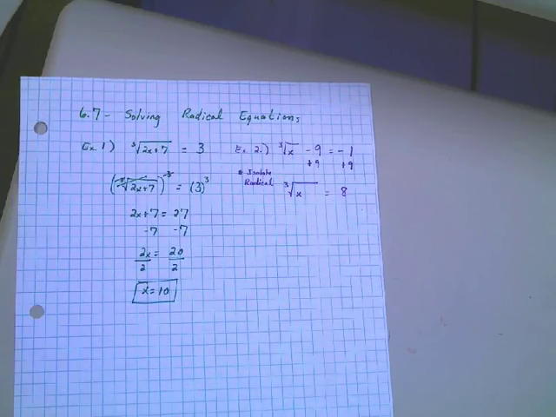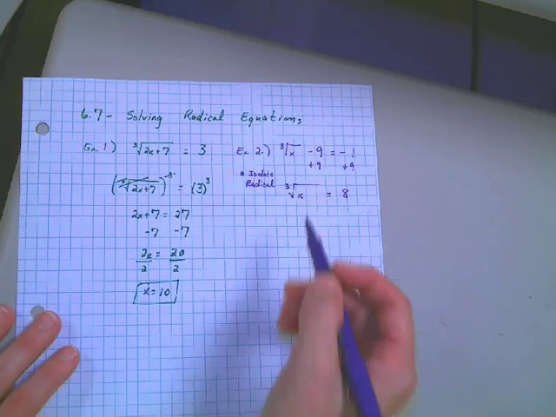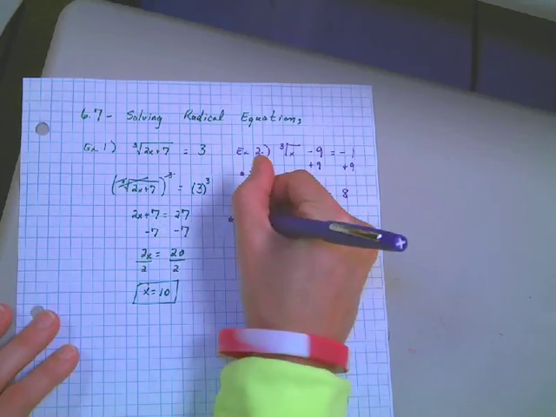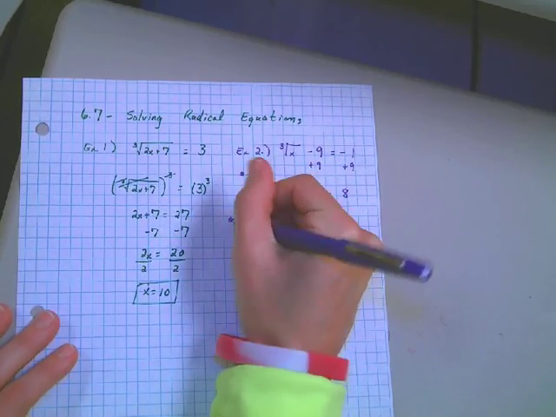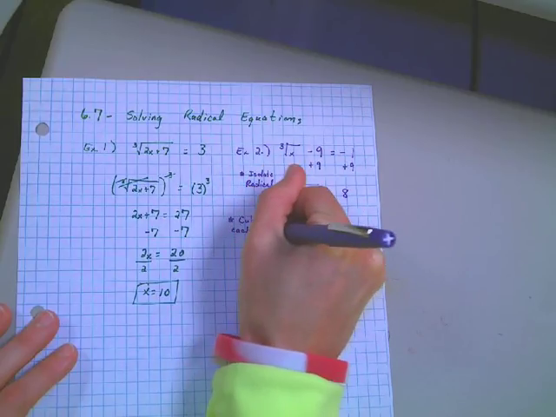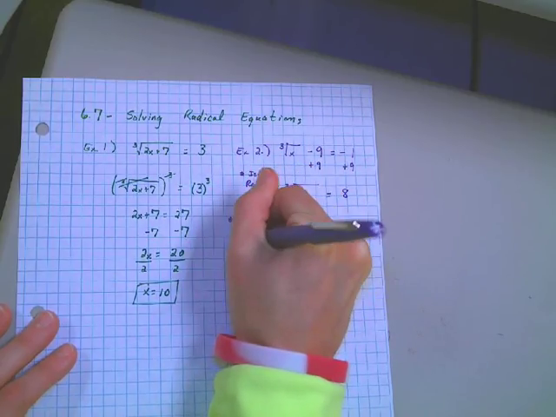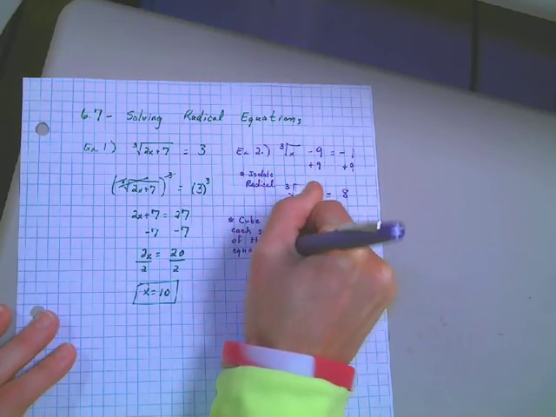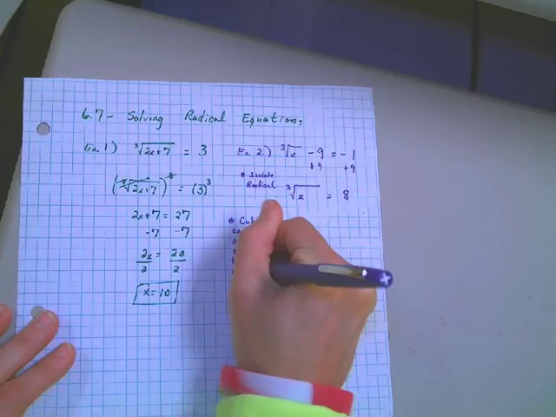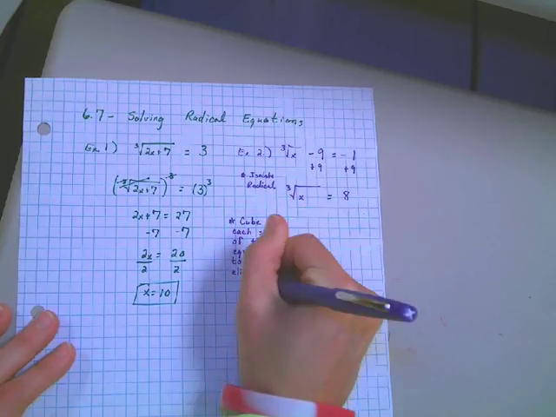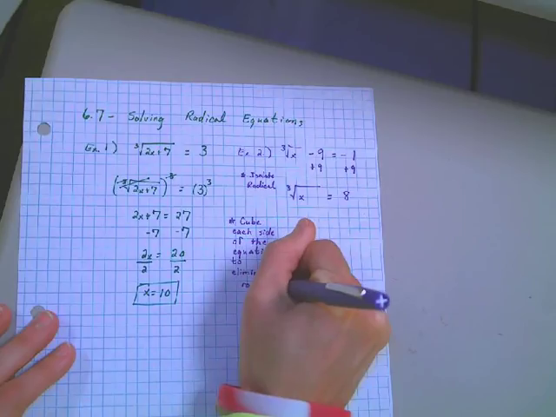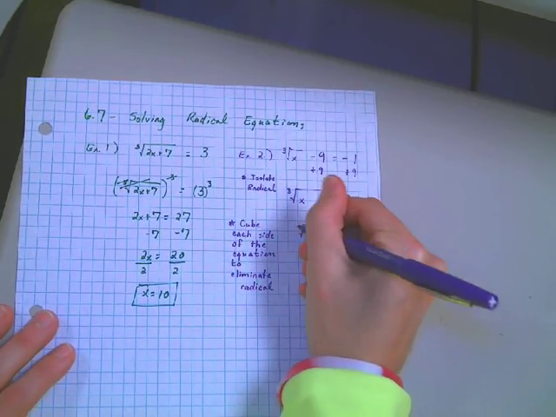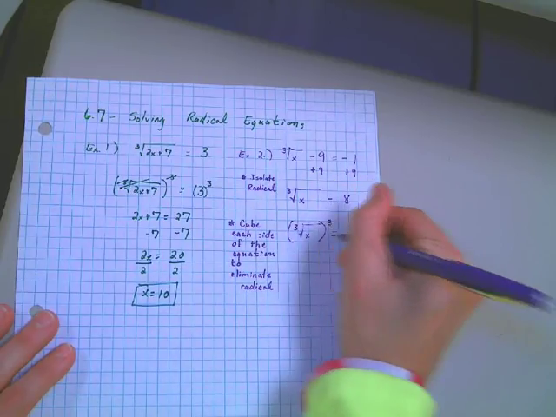Then my step is to do what I did over here, which is to cube each side of the equation to eliminate the radical. I want to cube this side, which means I also have to cube that side.